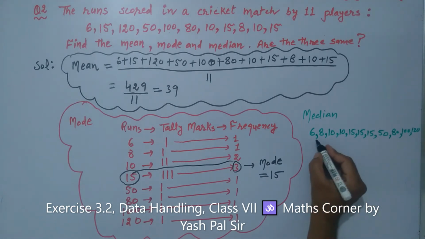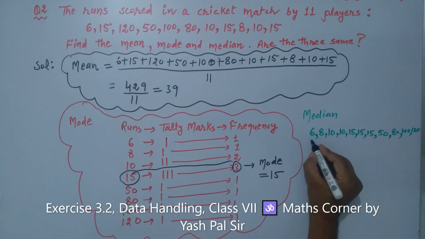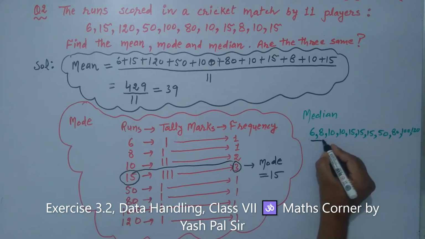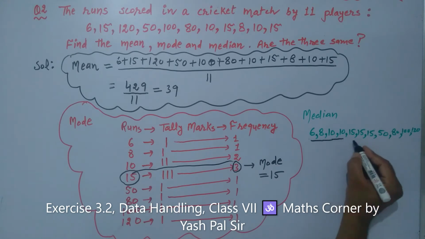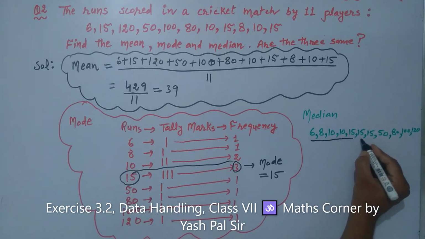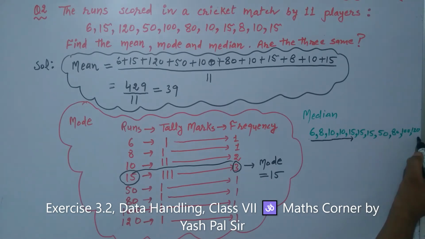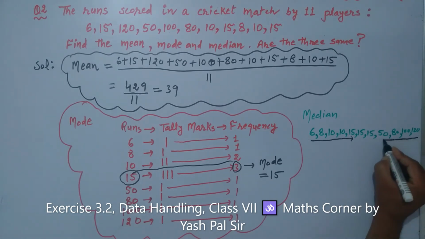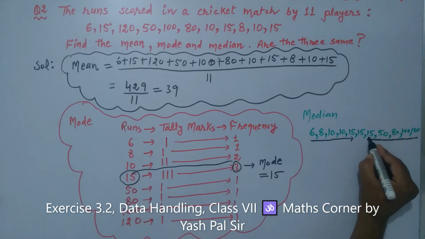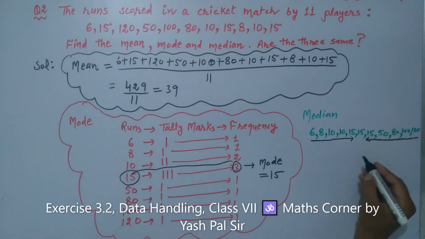Okay, now which is in the middle? So here, from here we go one term, two terms, three terms, four terms, five terms. From here also we go five terms, one term, two terms, three terms, four terms, five terms. Up to here we have five terms.